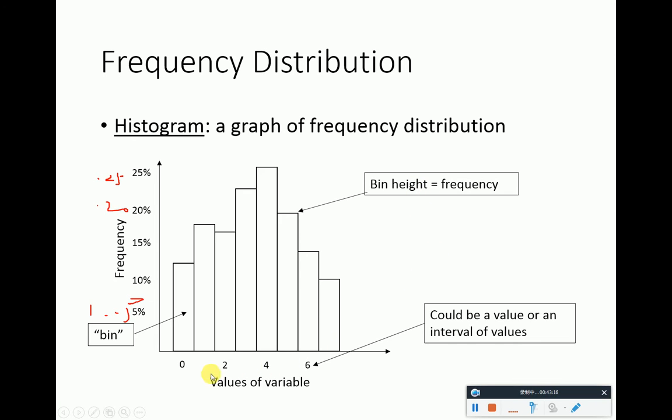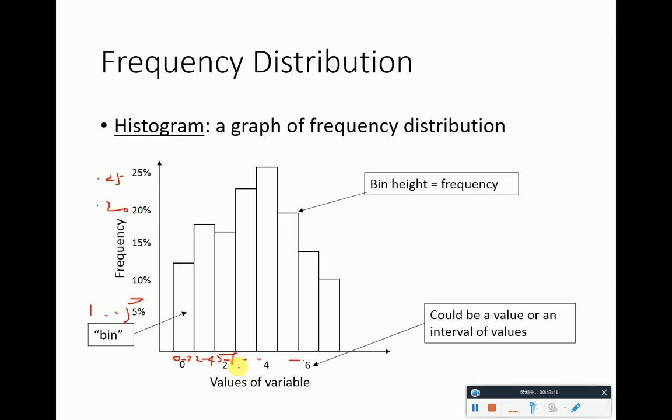And of course, what's down here can be exact values, or it can be interval values, right? It could be that this bin represents from 0 to 2, this bin represents from 2 to 4, this bin represents from 5 to 8, etc. It could be intervals.